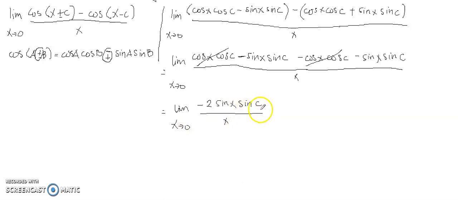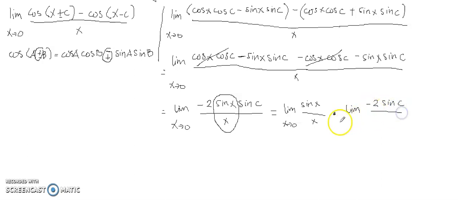Now, since multiplication yan, ito ay equal to, ito, di ba? In-introduce ko kanina. Okay? That the limit of sine x divided by x as x approaches 0, times, applying the theorems on limits, times limit of negative 2 sine c. Okay, since multiplication yan, so ito divided by 1 as x approaches to 0.